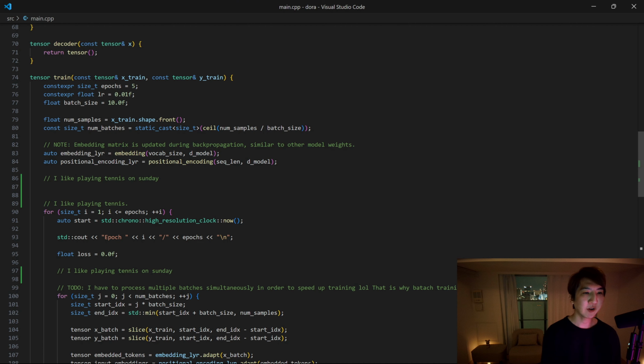So in the previous video, I talked about how you embed inputs before passing them to the model. In fact, before doing that, you have to do another pre-processing step on those embedded tokens.